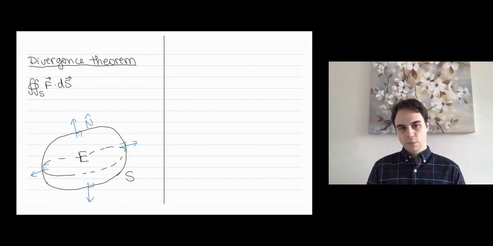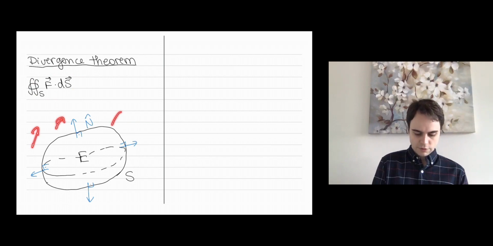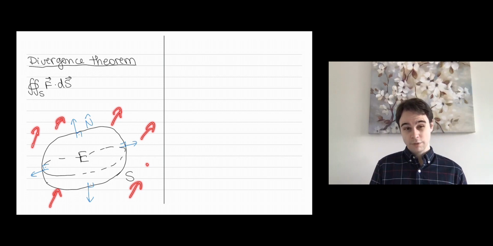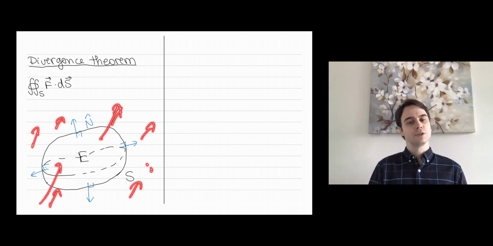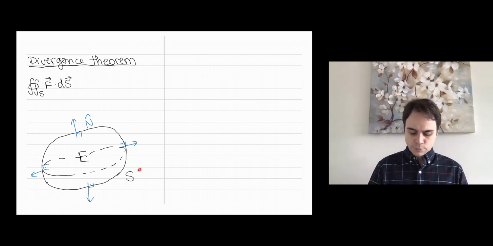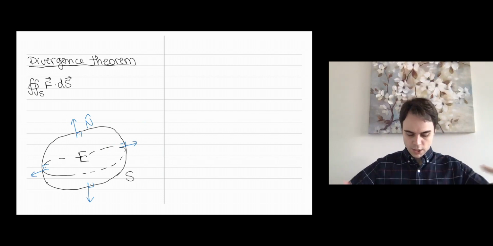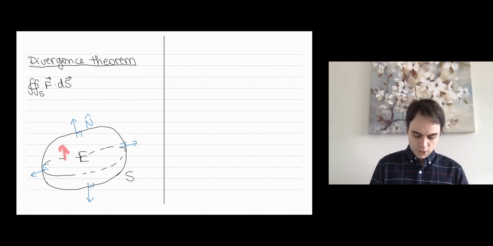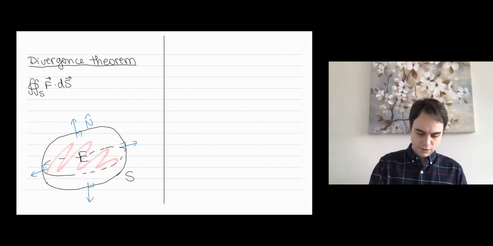So here's our vector field. One thing that you could think is that the flux through a closed surface is always going to be 0, because whatever flows into the surface ends up leaving the surface afterwards. That's not quite true, because the vector field could have divergence, could be expanding, diverging inside this surface.